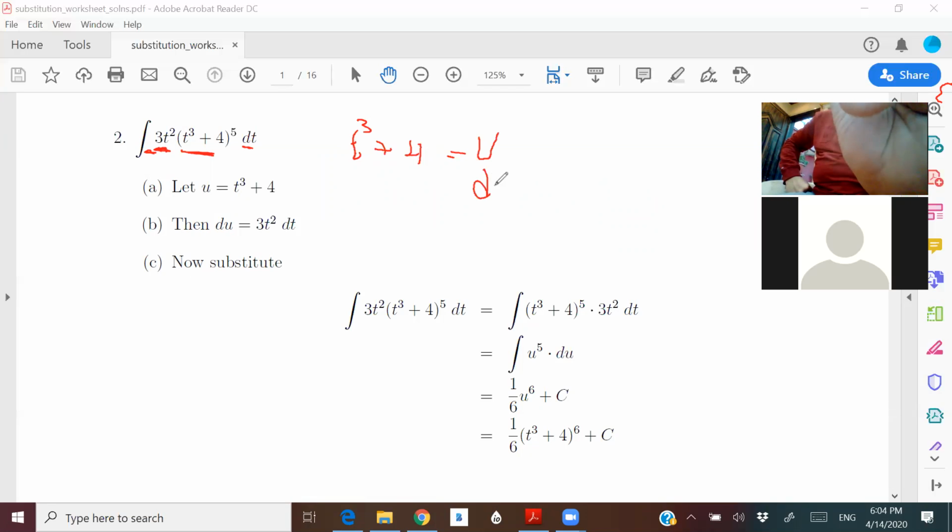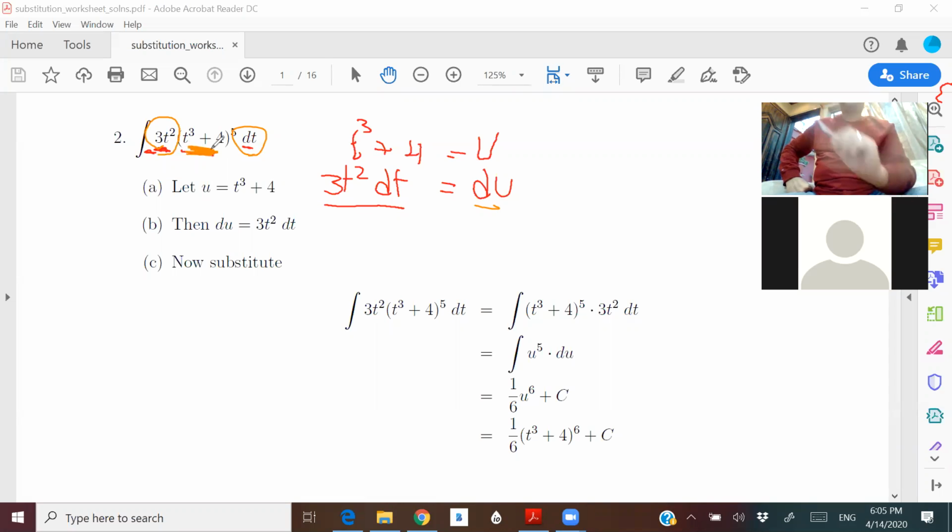So du equals 3t^2 dt. I can replace the 3t^2 dt package by du, and I'm going to replace the main function t^3 + 4 by u.